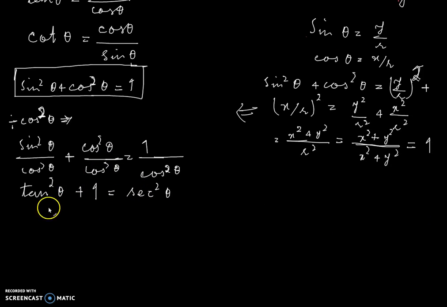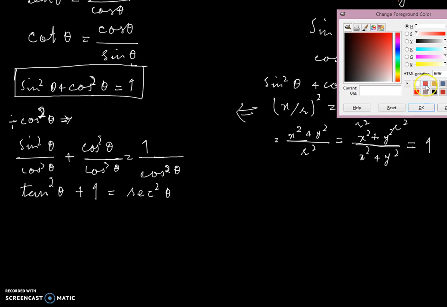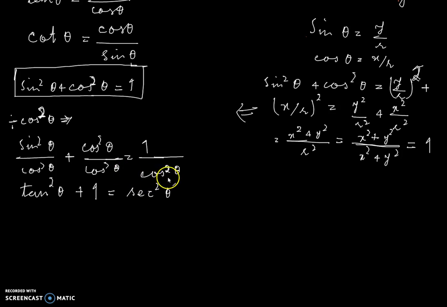So basically now we have tan squared theta plus 1 is secant squared theta. And this is also important. This is also something to remember. And this one.